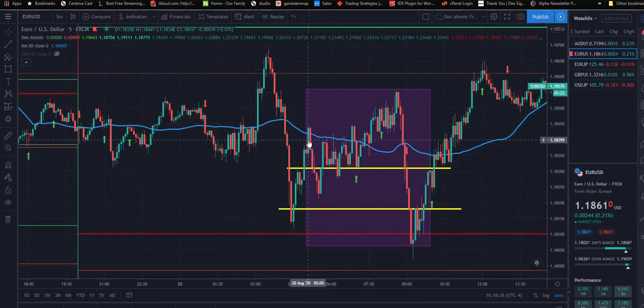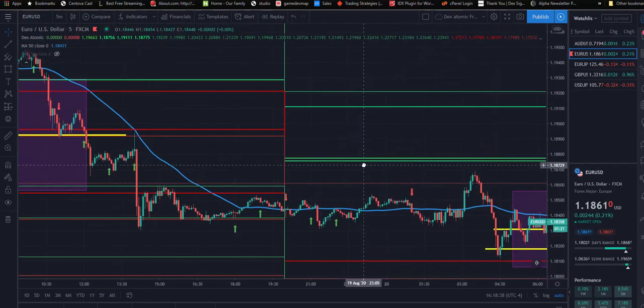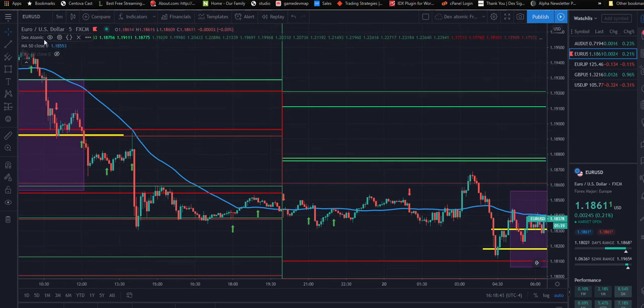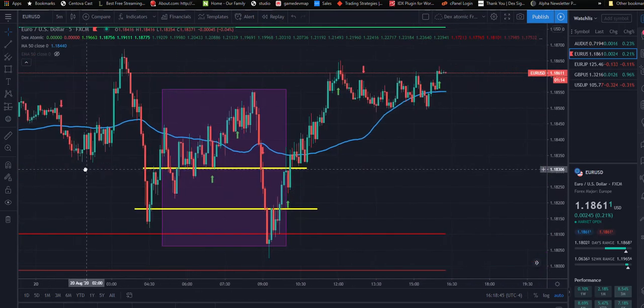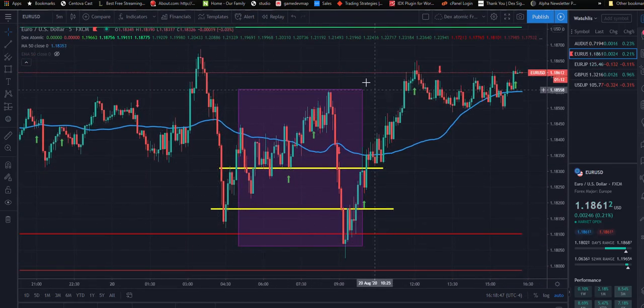The idea that the simplistic value of the Dex Atomic with a 50 MA, arrows, support and resistance, and some key points and visualizations that I provide, this strategy is very strong. Now, are there ways for you to tighten it up and use some external systems to help make it a little better for you? Possibly.